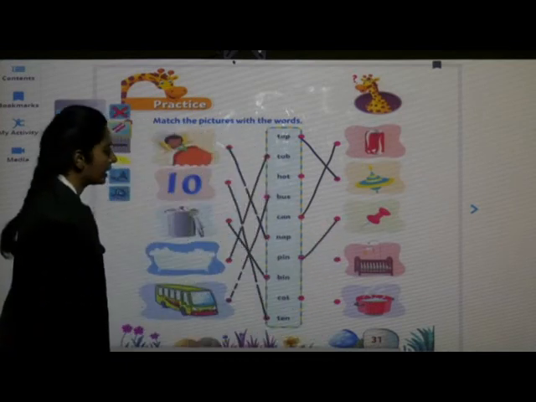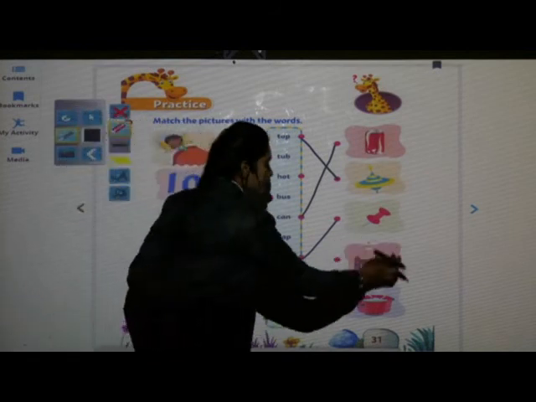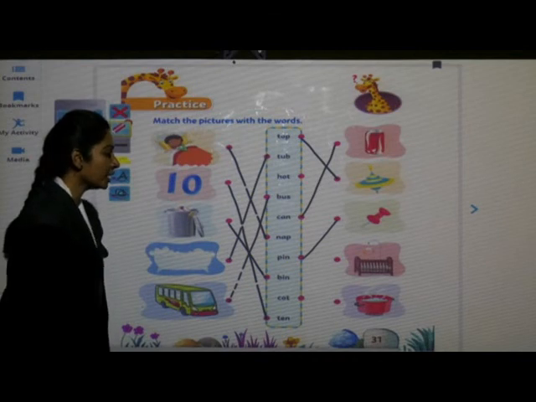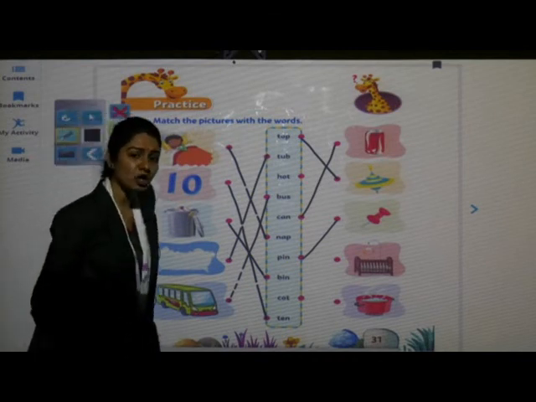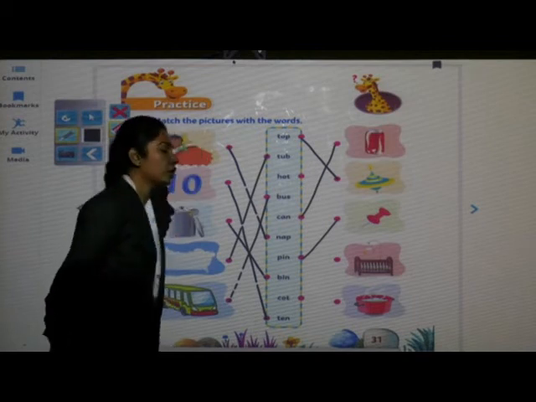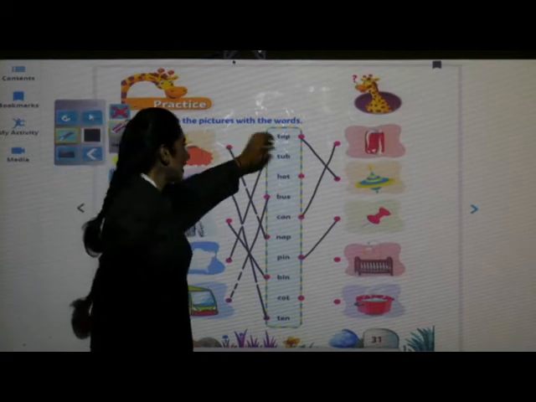Yes? Next. Can you see this picture? What is that? What do we call that picture? Table, bed, cot, chair. What do we call it? Cot. Okay. So we'll check the spelling.